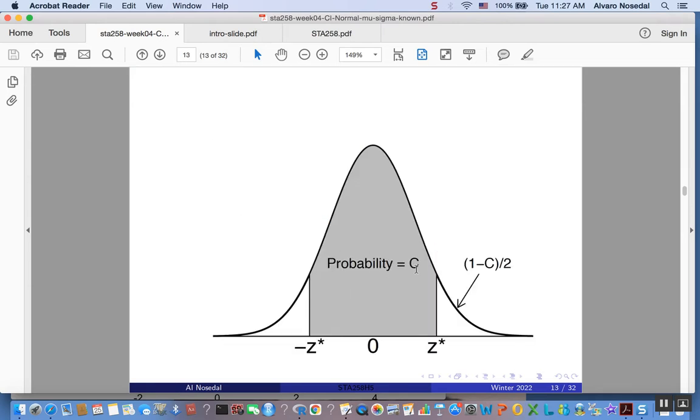If the probability that you want is C, that would be a C percent confidence level interval. In this case, if you want confidence level 1 minus alpha, what you need in the tails is alpha divided by 2 and alpha divided by 2. Make sense?